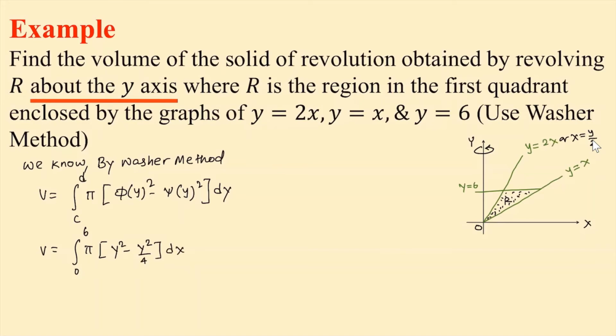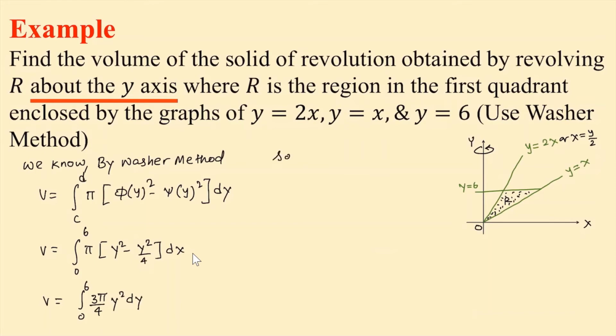So let's see what we get. Volume is equal to the integral from 0 through 6. We have a pi here. 1 y squared minus 1 over 4 y squared, and 1 minus 1/4 is 3/4, so y squared. So that can be written as 3/4 y squared dy.